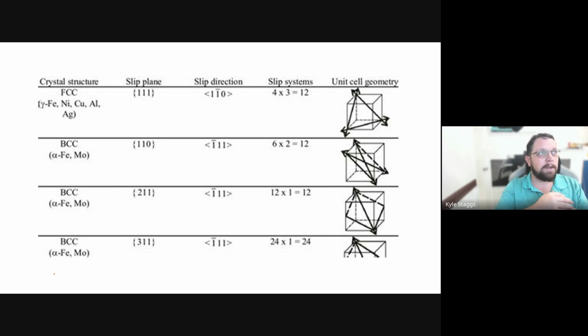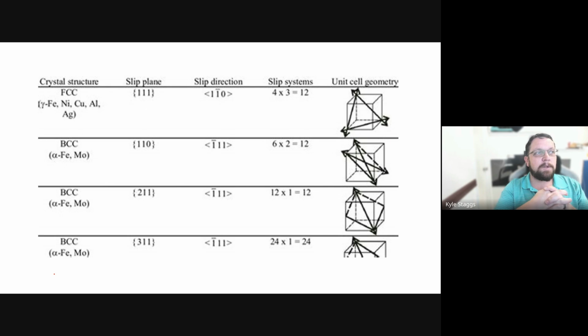So an example they give is something like in alpha iron, there will be those slip planes. But notice how many slip systems there are. The slip systems are doubled in the case of the 311 plane compared to the 211.